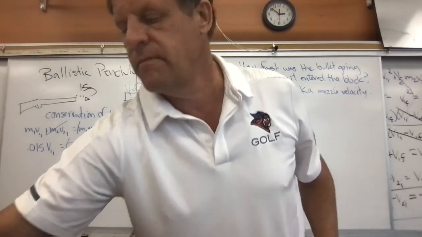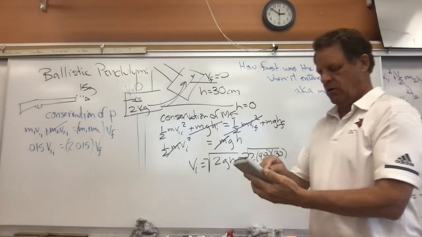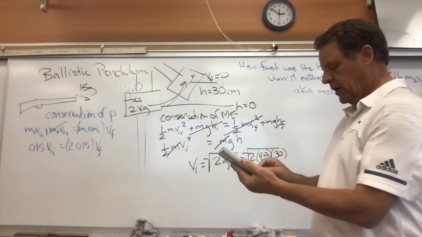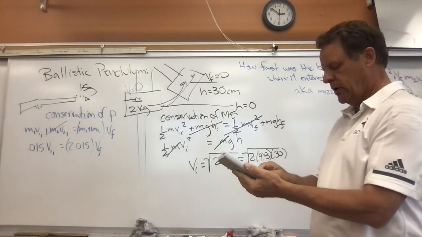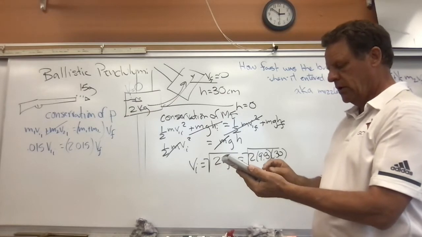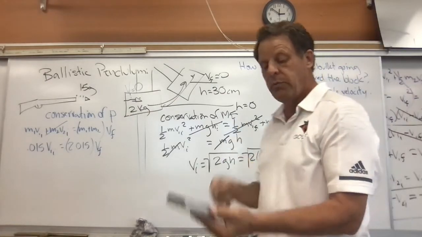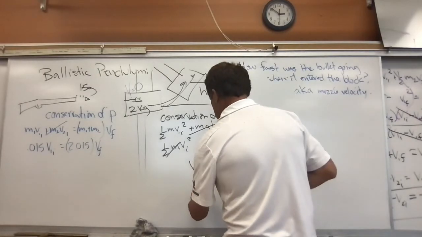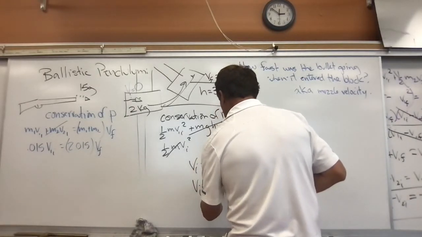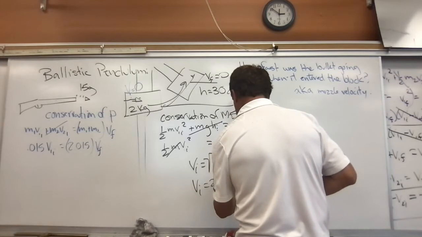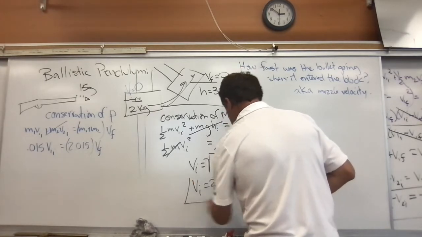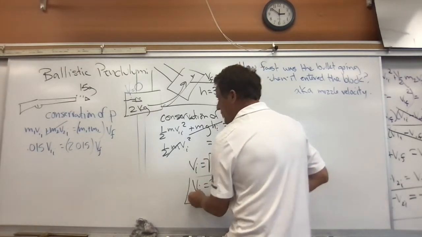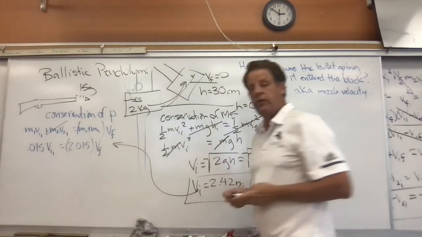And the square root of 2 times 9.8 times 0.3 is going to give us 2.42. So our initial velocity here is 2.42 meters per second. All right, so now we're going to take this and it's going to go over here.